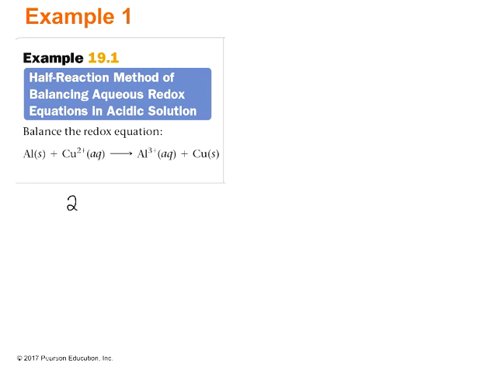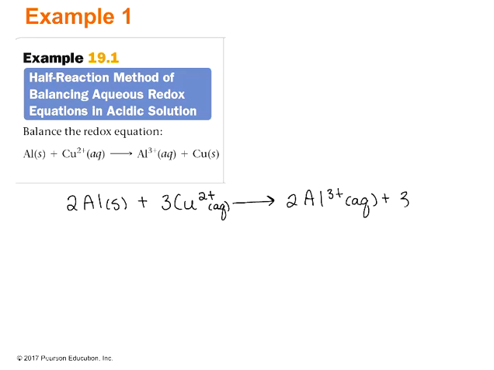Okay, so we said we have 2 aluminum atoms plus 3 copper 2+ ions, and that's becoming 2 aluminum ions plus 3 copper atoms.